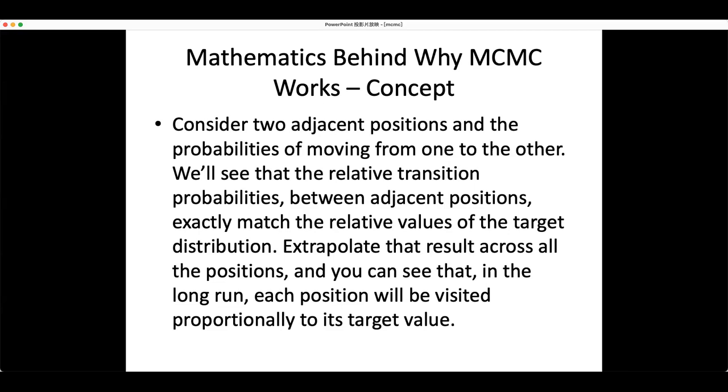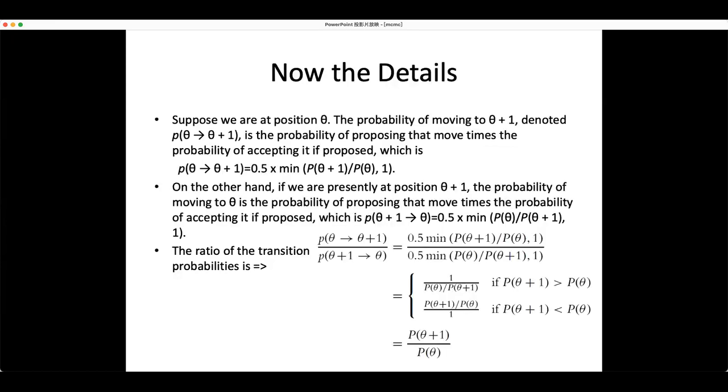So let's consider two adjacent positions and the probabilities of moving from one to the other. The relative transition probabilities between adjacent positions exactly match the relative value of the target distribution. So we can extrapolate this result across all positions, and in the long run, each position will be visited proportionally to its target value.